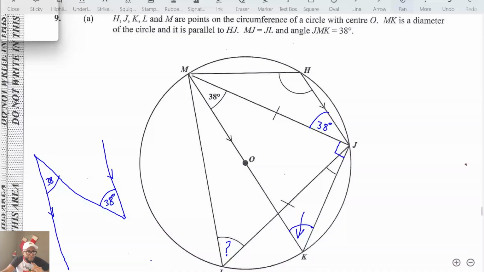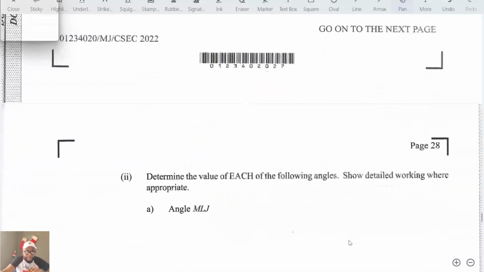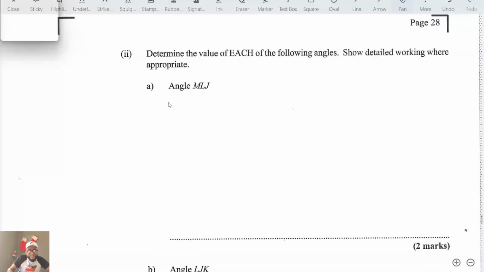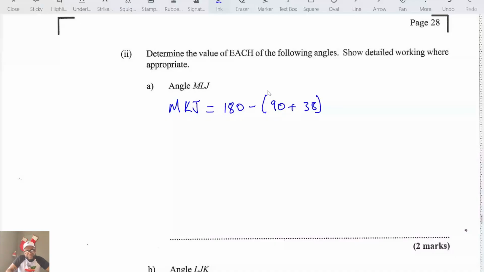So we are going to first put the working for MKG. That's the first thing we have to find. So MKG would be equal to 180 minus 90 plus 38, I believe it was. What else? Anybody work it out? Somebody give me the answer here, please. 52.